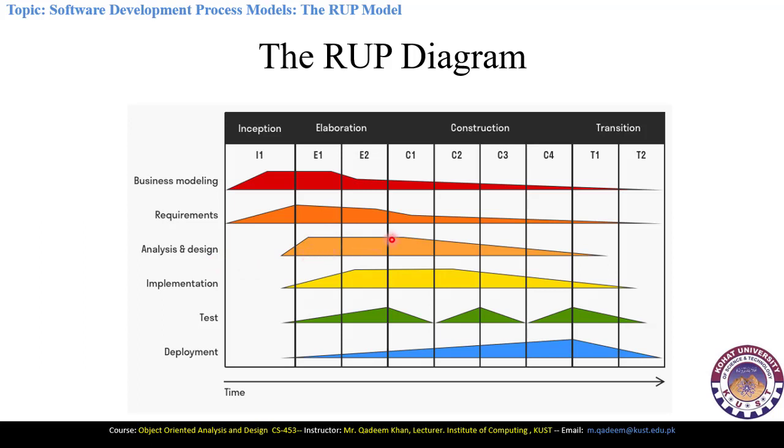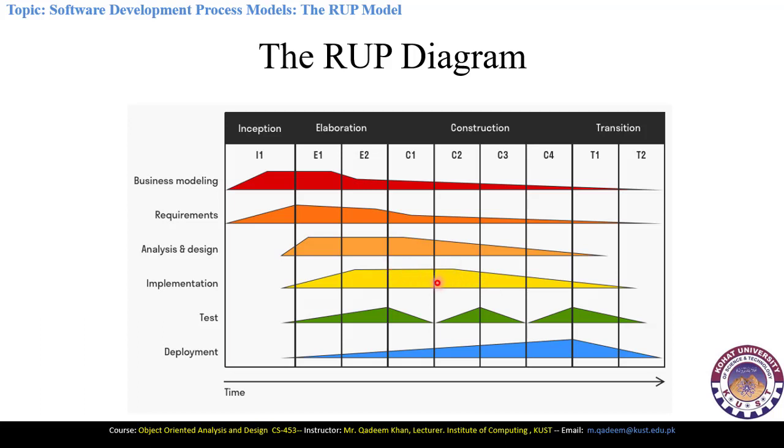You can see that analysis and design are also incorporated in the elaboration phase, and the implementation is mostly conducted in the construction phase. You can see that the bar of the implementation mostly occurs in the construction phase, where we will practically develop the software.